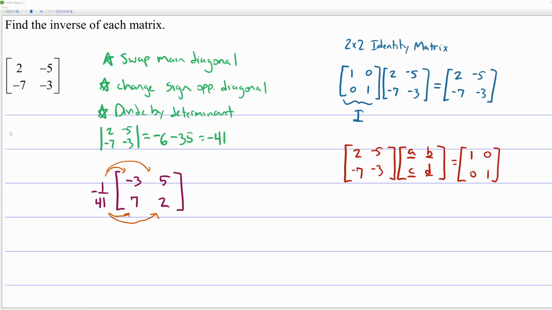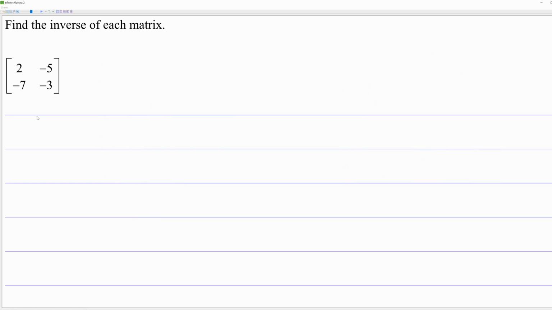It's actually a really fast process. And you can verify, again, pause the video and do this, take this matrix and multiply by 2, -5, -7, -3. That wouldn't be a lot of fun because you have this 1 over 41 to deal with, but you would get 1, 0, 0, 1. You'd get the identity.